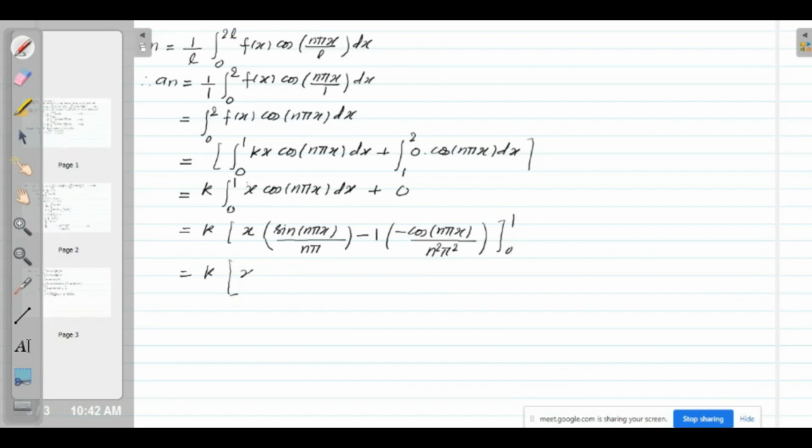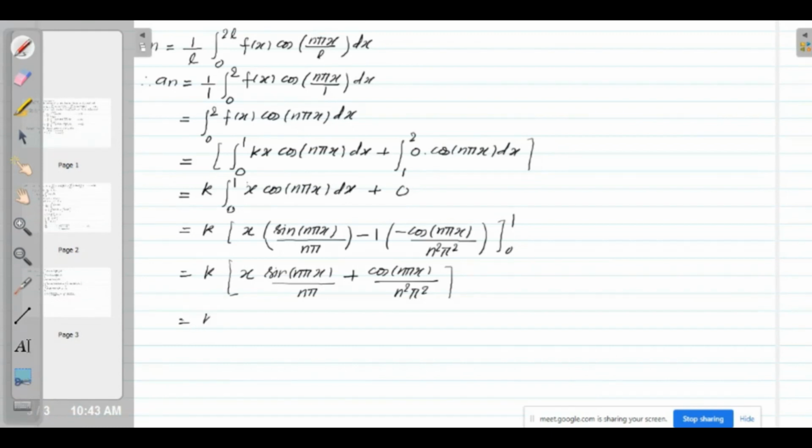So we write here x sine n pi x by n pi, minus minus goes plus cos n pi x upon n square pi square. Just provide the limit.